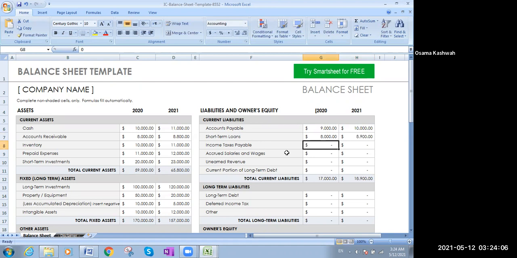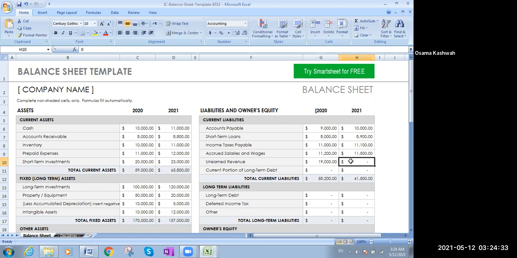Here we say the income tax payable was 11,000, there it is 11,100. Same thing for the accrued salaries and wages. It was, let's say, 11,200. Here it is 11,500. Unearned revenue, let's say it was 19,000.